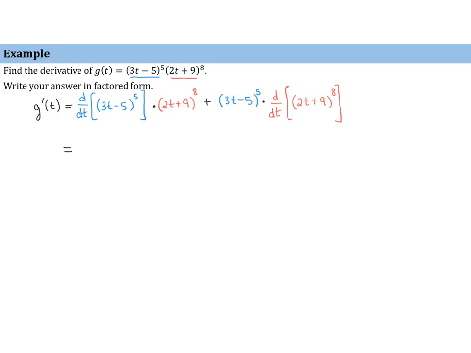This is now equal to the following expression where we have to use the generalized power rule on this function. So I will bring the 5 in front, lower that power by 5, and then because there's an inside function, I need to take the derivative of that inside function.